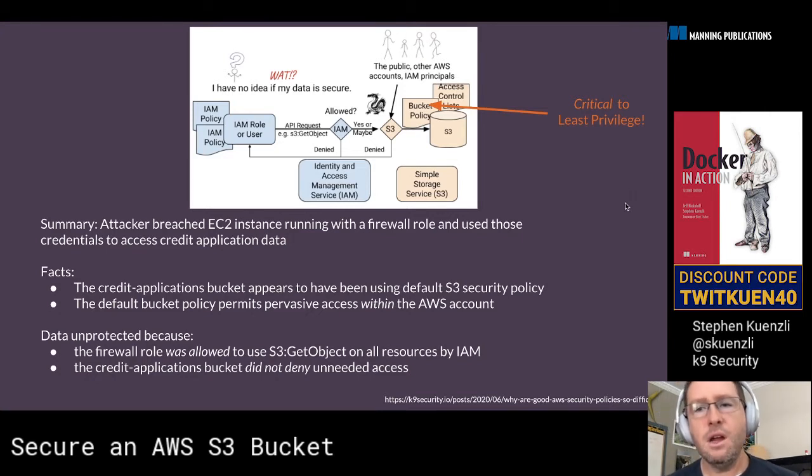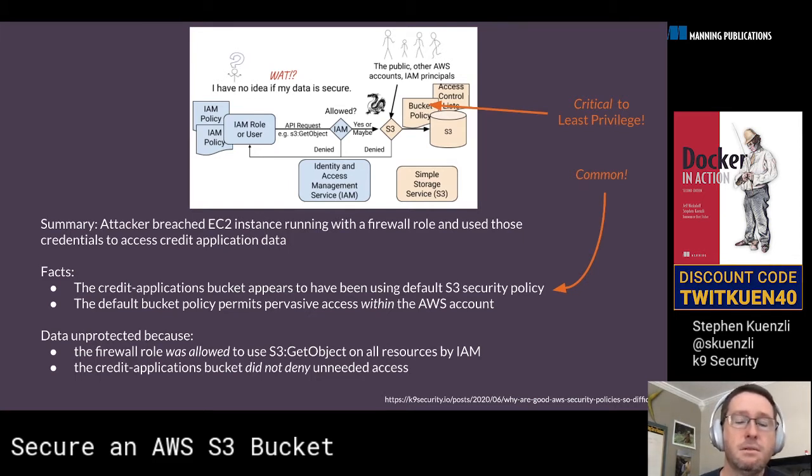So, if you actually want to implement least privilege, basically you're going to want to limit access with a resource policy. And the trouble is that it's not so common, and so you can run into situations where S3 buckets don't have a resource policy by default, and that means that whatever IAM decided, access is going to go through.